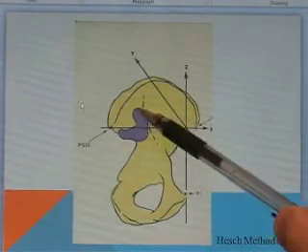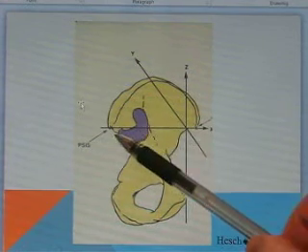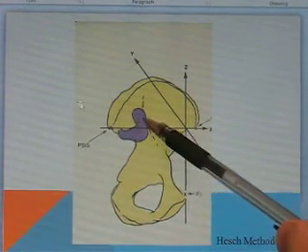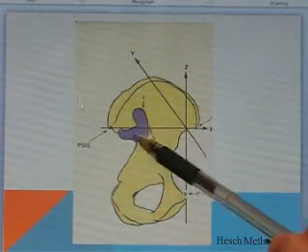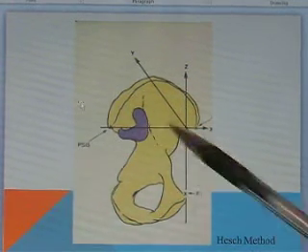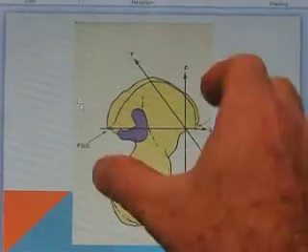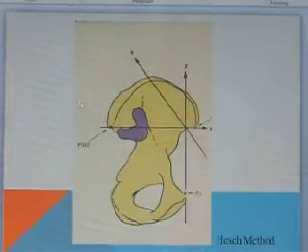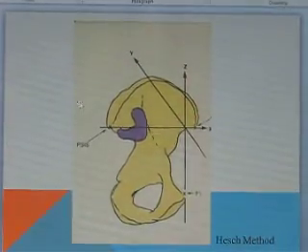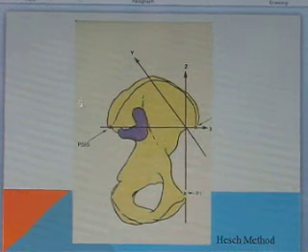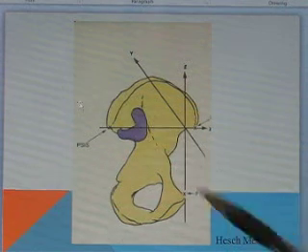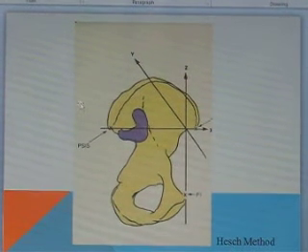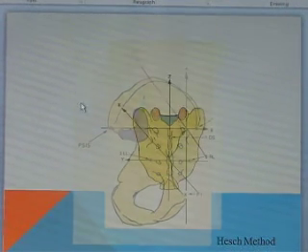So notice that the SI joint is elongated on the bottom, wider and not quite as long on the upper arm, and that it's somewhat like a boomerang. And of course everyone has a slightly different alteration in the pelvic angle, but basically it looks like a boomerang pointing downward. Okay? It's an important image to keep, to know.